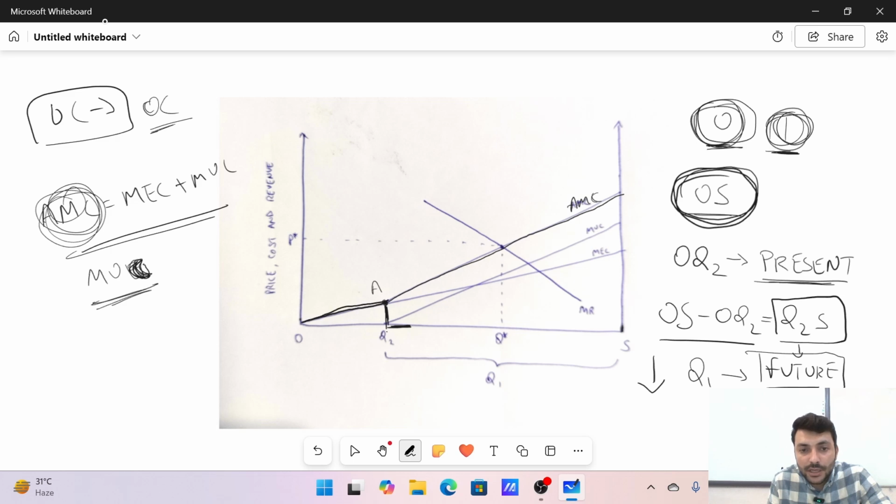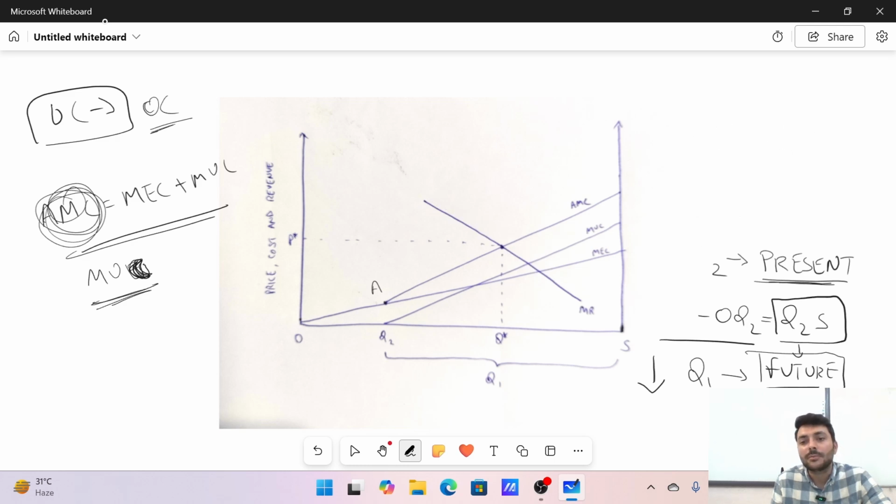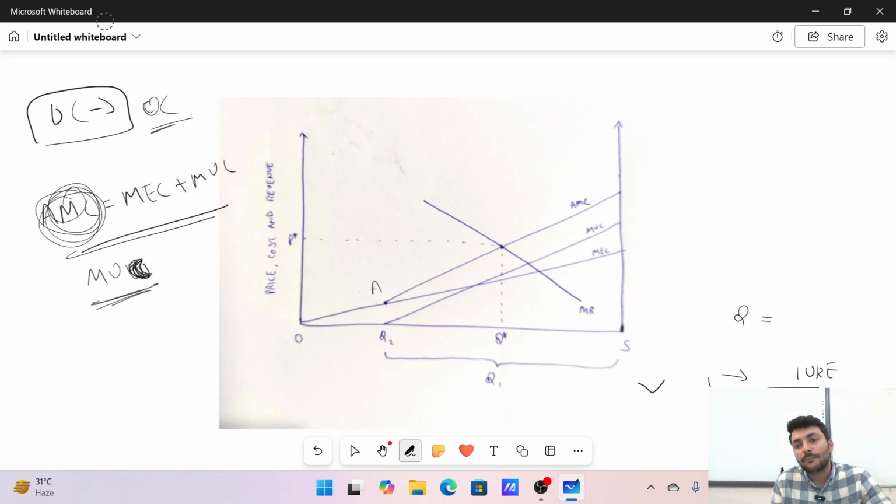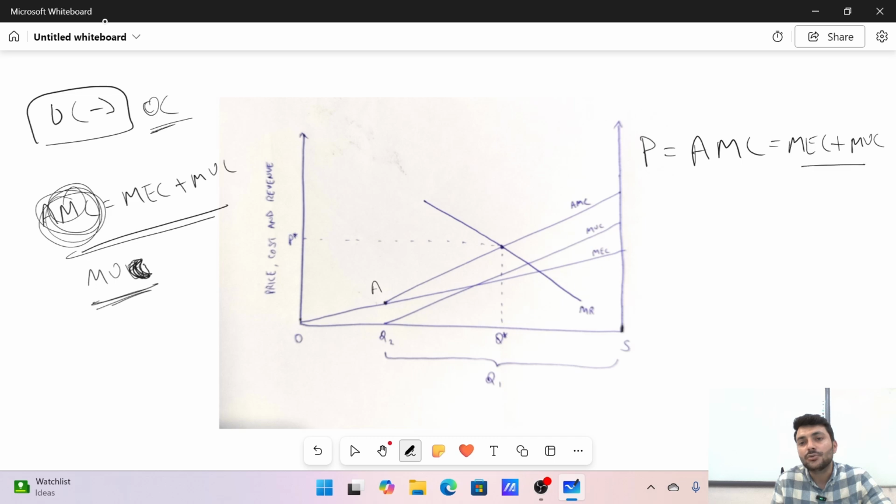So from origin to A, and afterwards this line, we have the augmented marginal cost curve. I hope till here everything is clear to you. Then we have the marginal revenue curve, which is a downward sloping curve. We all have studied this in our standard theory of microeconomics. So the optimization requires that the price should be equal to the augmented marginal cost, which is equal to the marginal extraction cost plus marginal user cost.